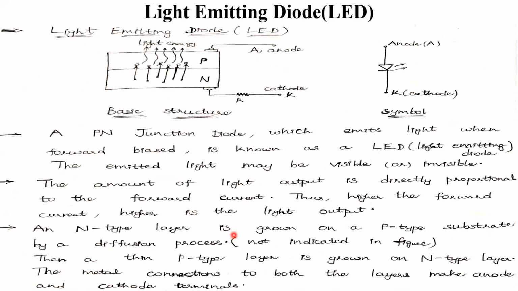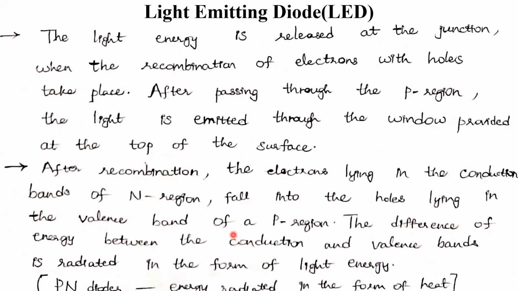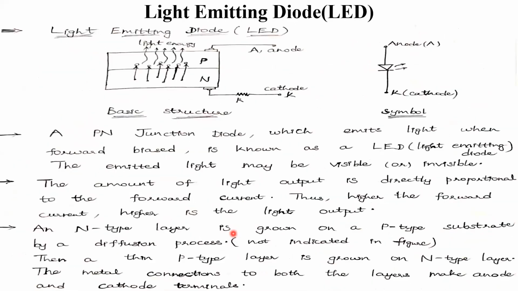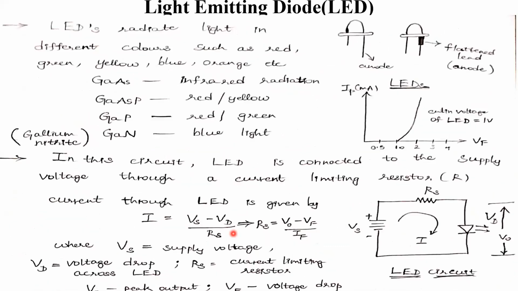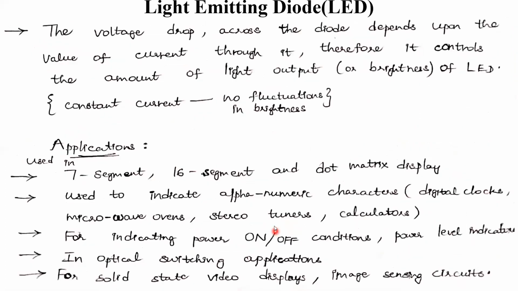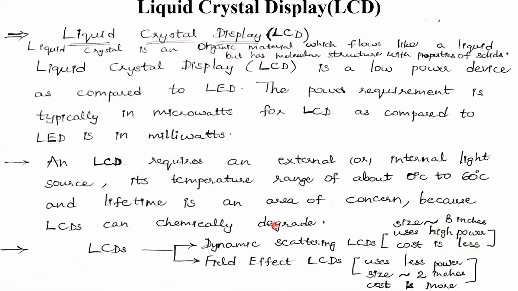This is about LED. It should be operated in forward bias condition, and thereafter the VI characteristics of LED, circuit diagram of LED, application of LED. And in LCD, there are two types, that is dynamic scattering LCD and field effect LCD.